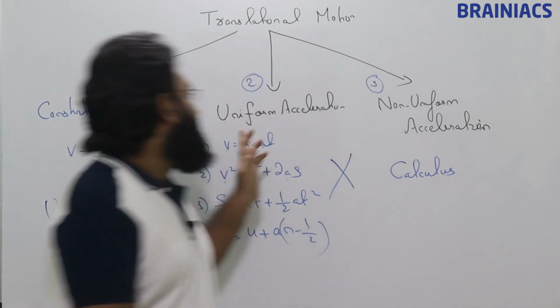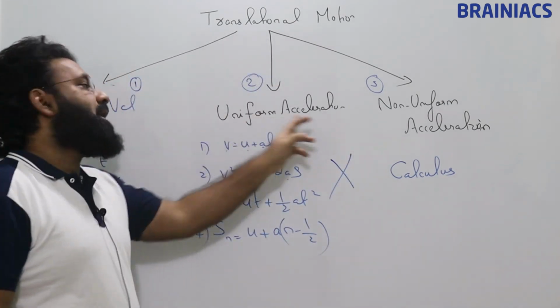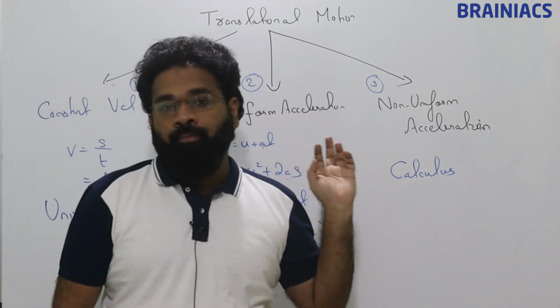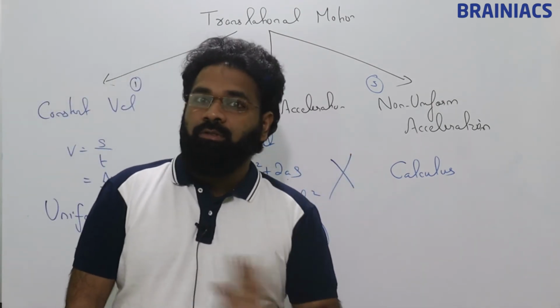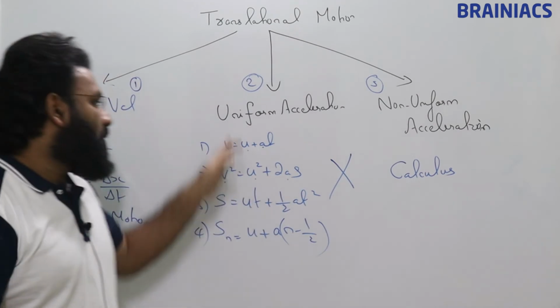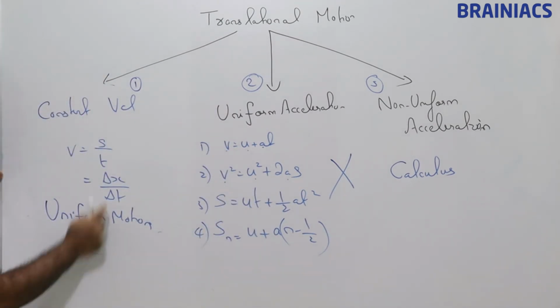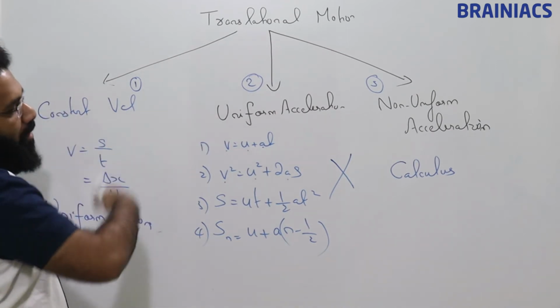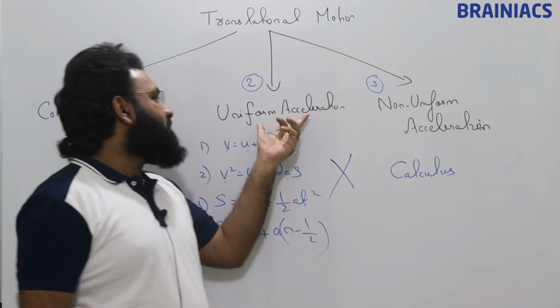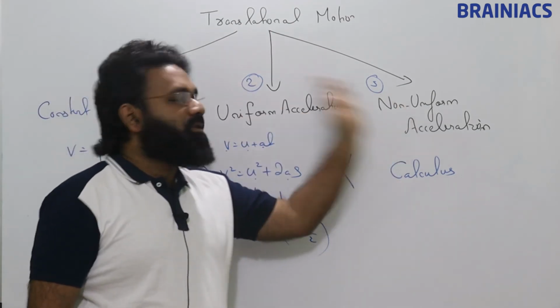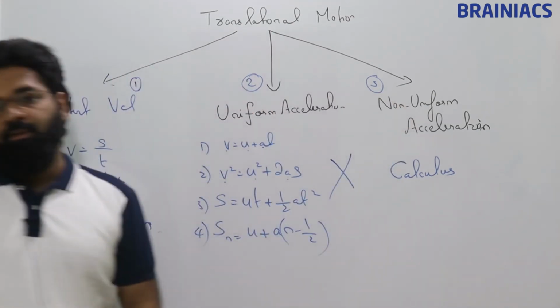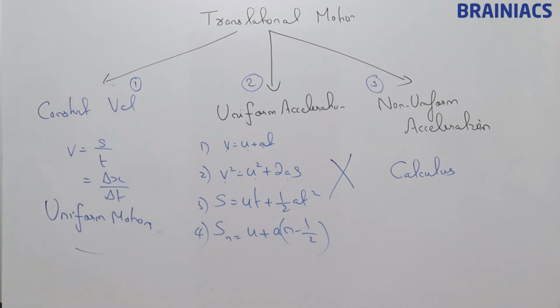Understand this very clearly: only acceleration is uniform, velocity is not uniform at all. Only this is uniform motion, or motion with constant velocity. Remaining all are non-uniform motion. The only difference here is this is uniform acceleration, that is non-uniform acceleration. Okay, so pause the screen. If you want something to note down, note down.